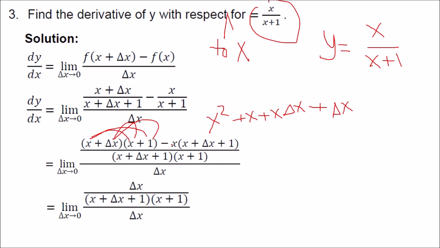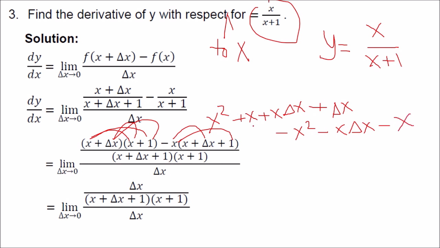And then, sa kabila, minus x times x is minus x squared. X times delta x, so minus x delta x. And then, x times 1, kasi minus din, so minus x.